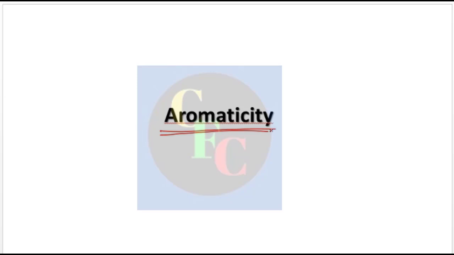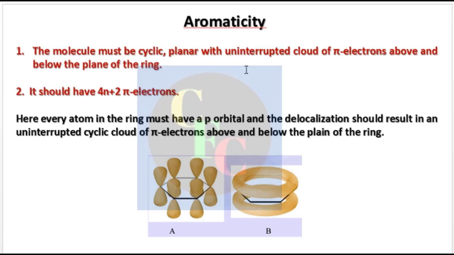So Huckel actually gave some laws regarding this aromaticity. He said that molecules must be cyclic, planar and have an uninterrupted pi electron system, right, to be aromatic. Not only this, he also imposed a condition that it should have 4n plus 2 pi electrons, where n can be 0 also, right?